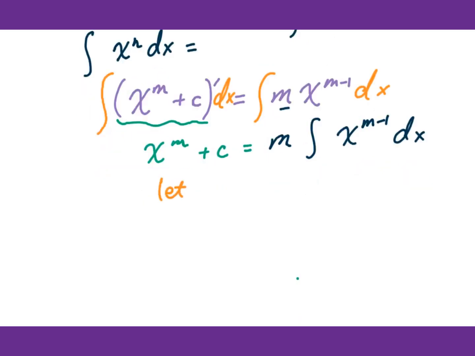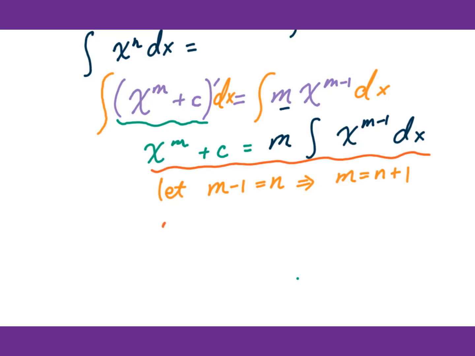Let m minus 1 equal n. So we get m equals n plus 1. We use n plus 1 to substitute this m in the function. So you will get x to the n plus 1 power plus lowercase c equals n plus 1 times the integral of x to the nth power dx.